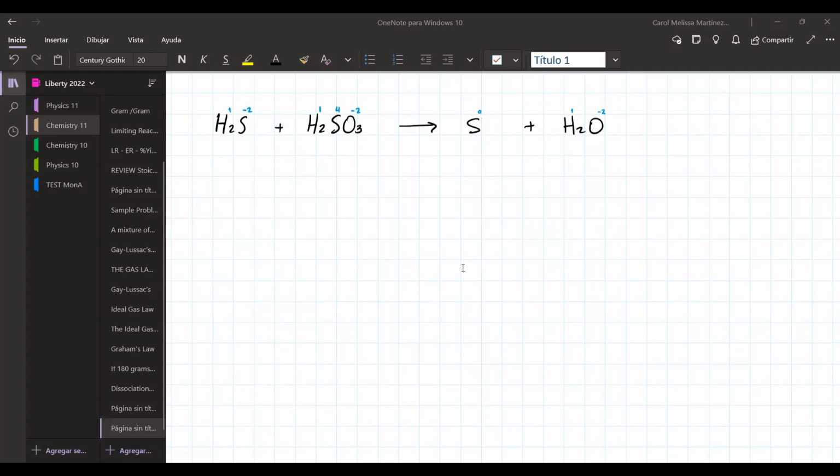Okay. So in here, you're able to notice that we have reduction here and here, because sulfur was 4 and afterwards it was 0. So the oxidation number was reduced. So we have reduction over here.